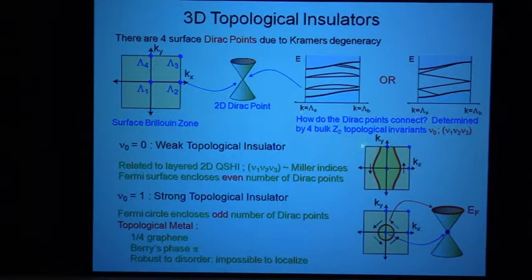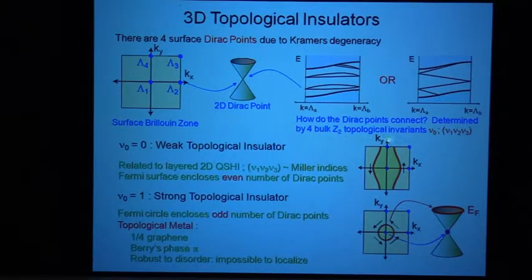If I just stack them and they're not talking to each other at all, then on the side surfaces I'm going to have the helical edge states going along. If I think of the band structure of that, there will be a Fermi surface that looks like this, and then if I couple them together a little bit, the Fermi surface will bow out a little bit. And so this is a weak topological insulator.